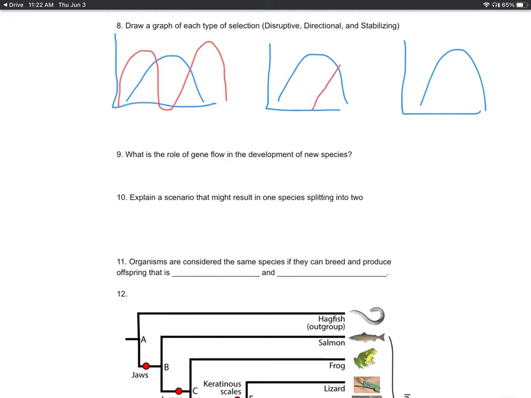Directional selection is when the organisms are shifting in one direction to become darker or faster or bigger or smaller or whatever it is. They're all evolving one way. And then stabilizing selection is when the average middle ones are surviving the best, and so therefore the more extremes are being selected against.